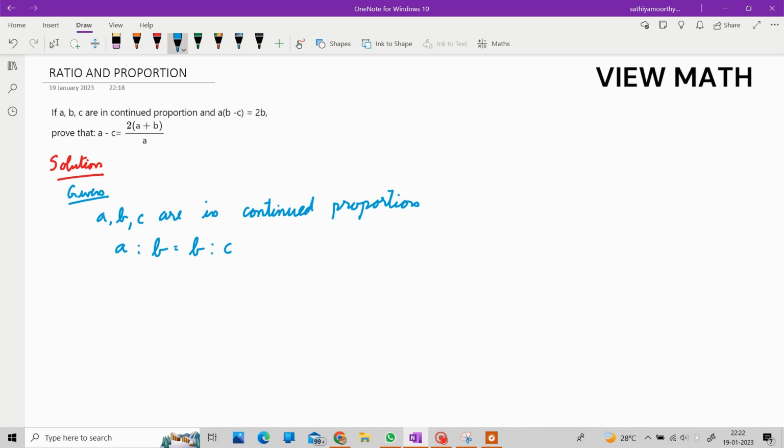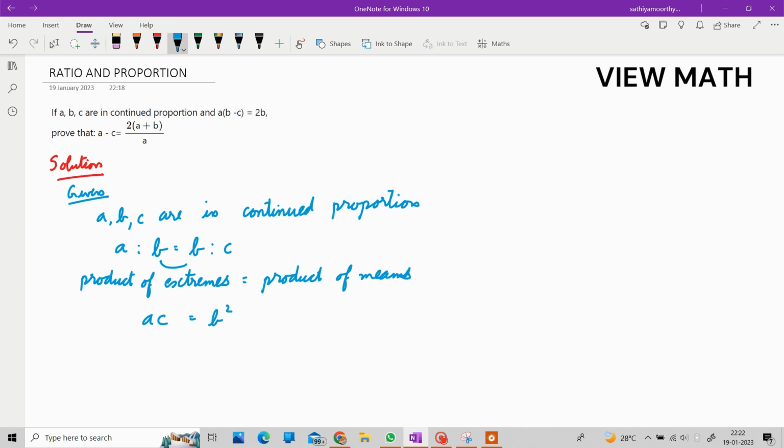We know the product of the extremes is equal to the product of means. Product of extremes is a into c, so ac is equal to the product of the means, b into b, that is b².